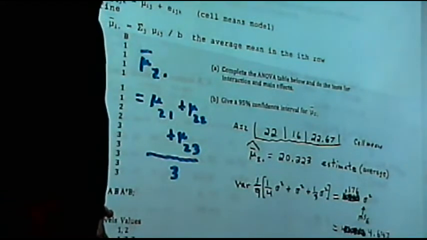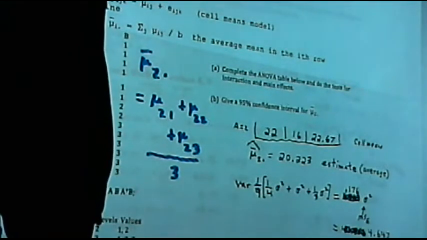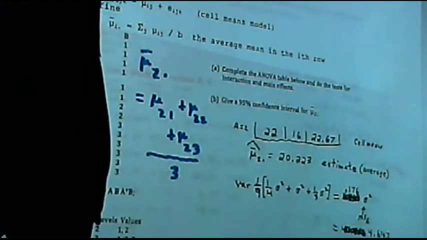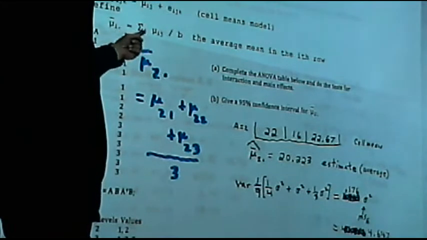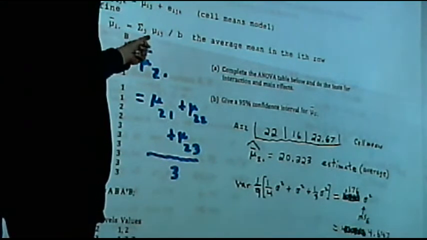So you could look at it as a weighted mean if you wanted to, but I think that just complicates the situation. The focus of the parameter here says I want the average of the means in a given row.